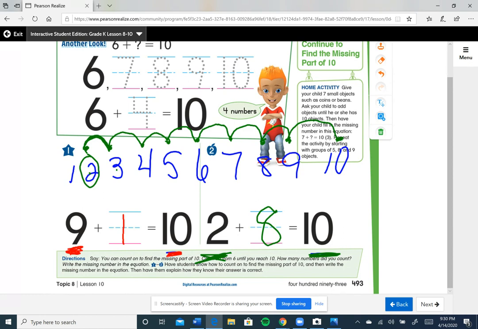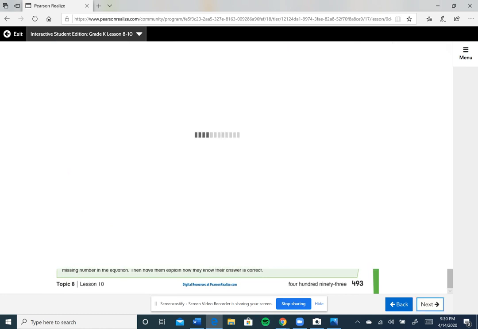The top of the hill means 1 jump. You have to go up and over the mountain 1 time. So 1, 2, 3, 4, 5, 6, 7, 8. 2 plus 8 equals 10. Awesome.